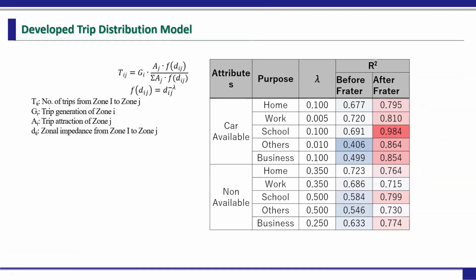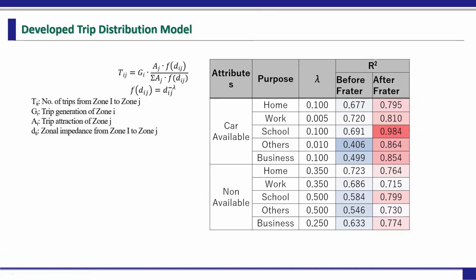Generally, the car available group shows a very low value of this lambda. Lambda is the parameter of the zonal impedance function, and it means the car available groups tend to make longer trips.